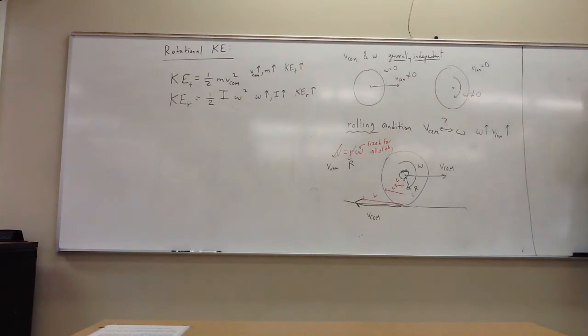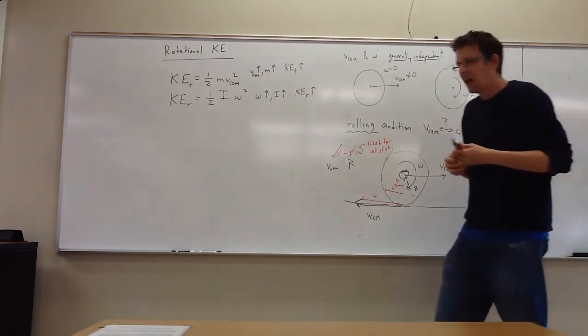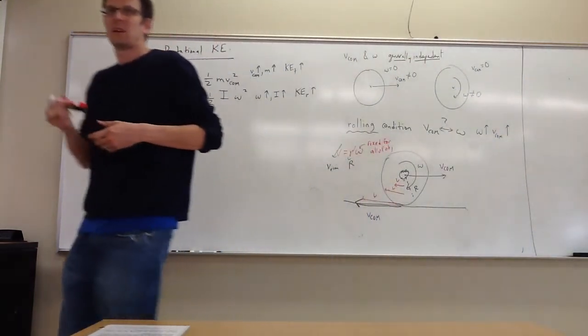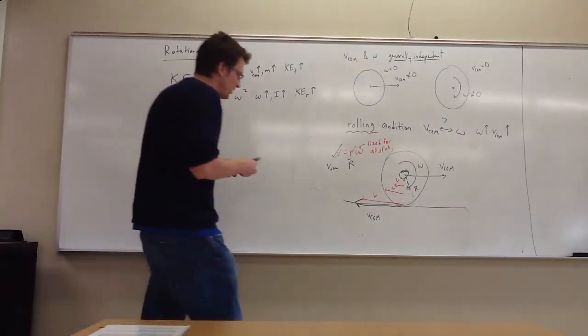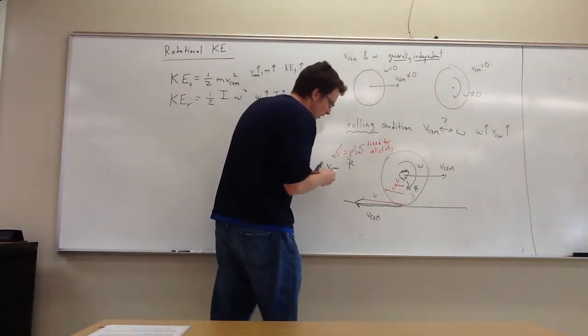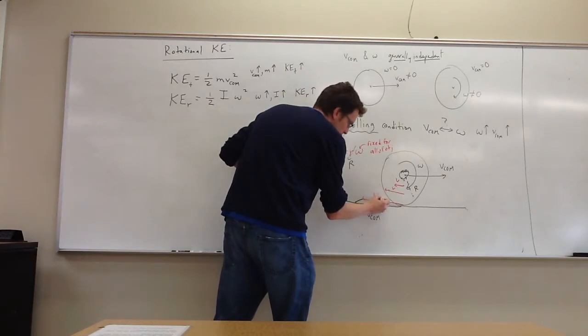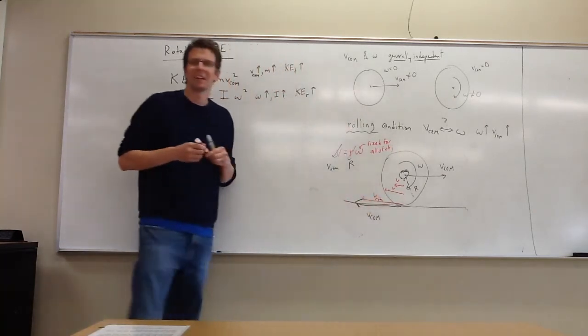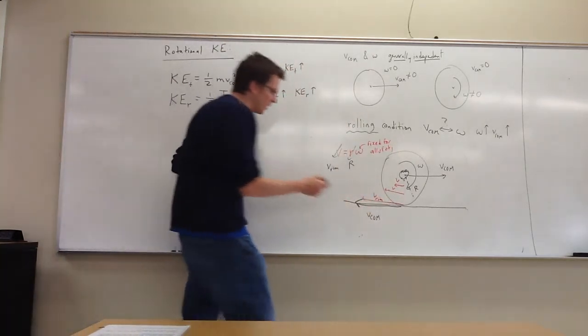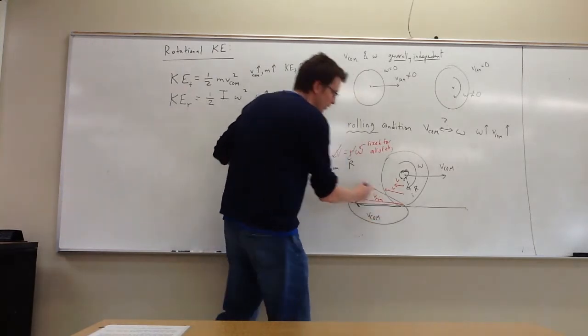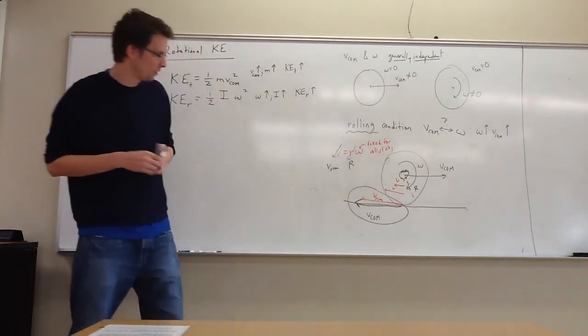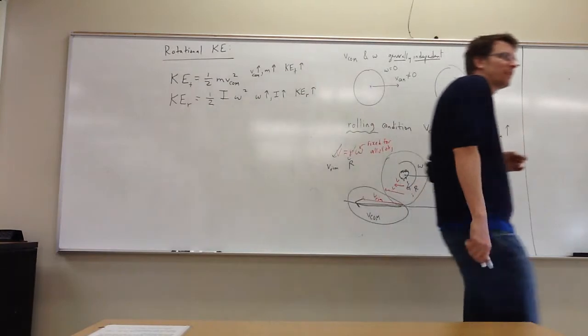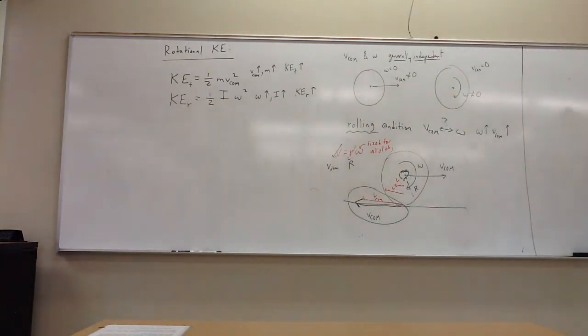So, what next? Here is my supposition. V rim, which is the speed of the edge, has to be the same as V com. I try to draw them sort of the same length. In fact, they have to be exactly the same length.